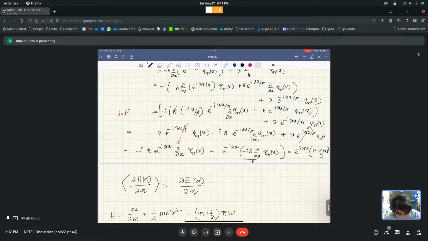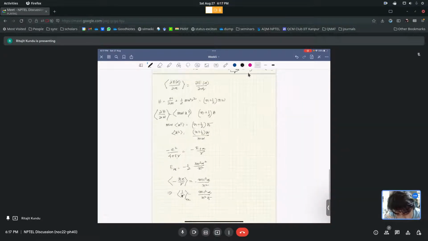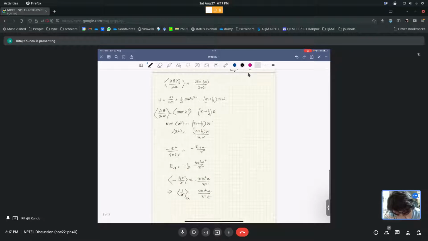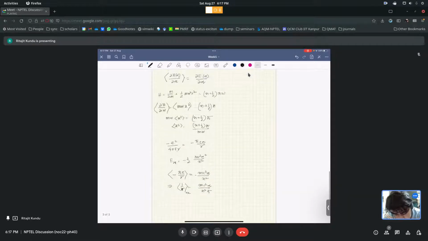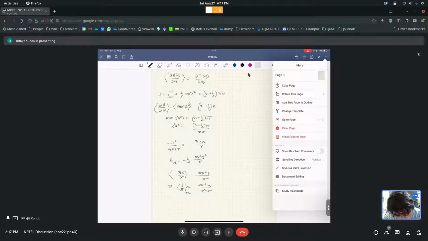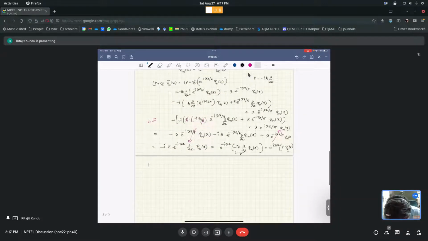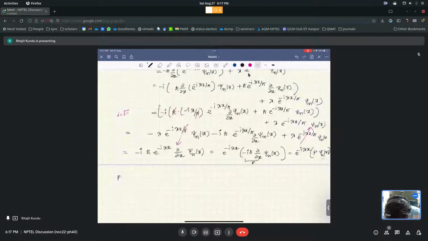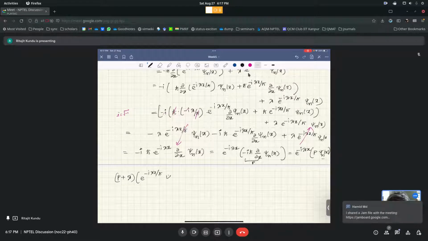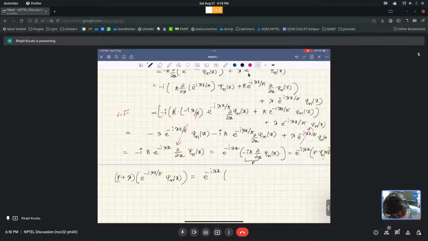Okay, so let me just summarize this thing. We started with this term, p plus lambda acting on e to the power minus i lambda x by h bar psi n of x, and we have obtained e to the power minus i lambda x p psi n of x.